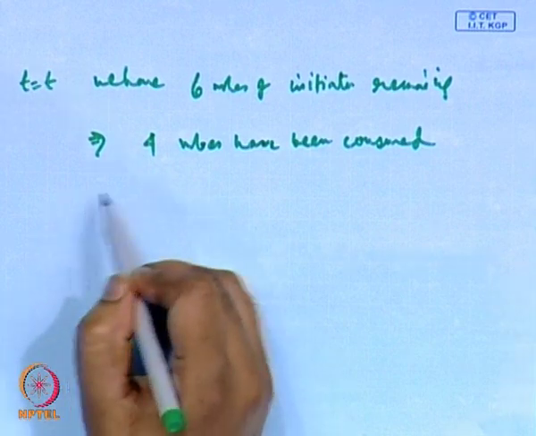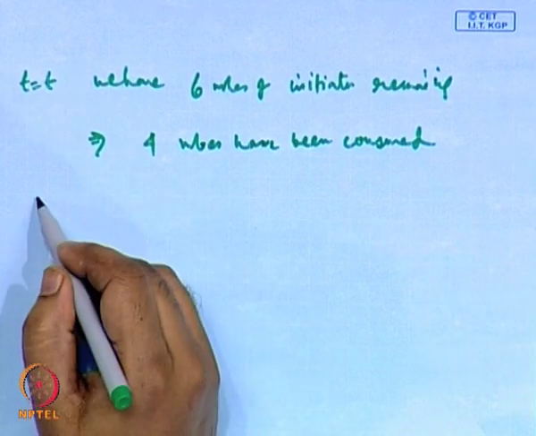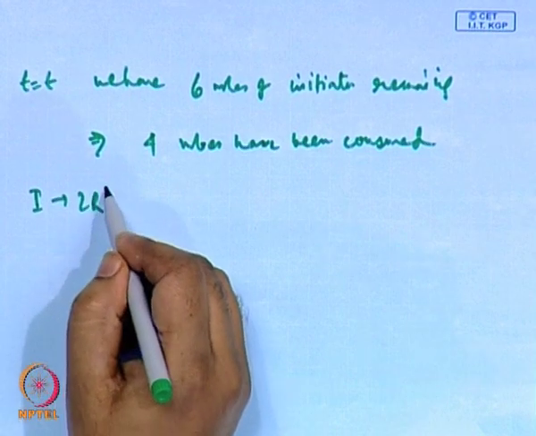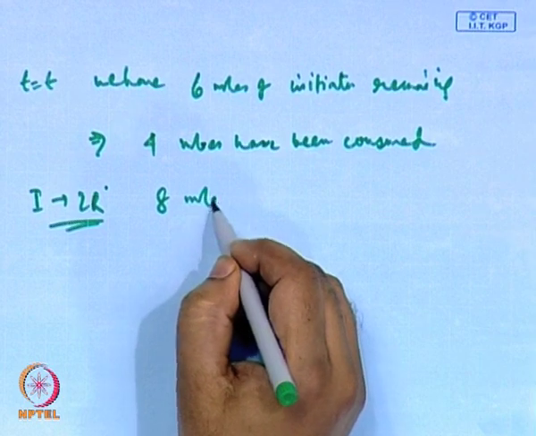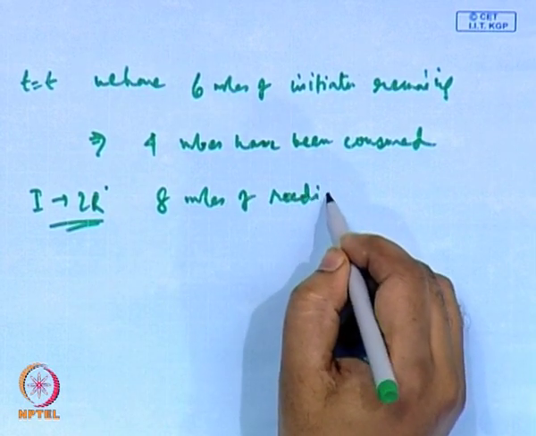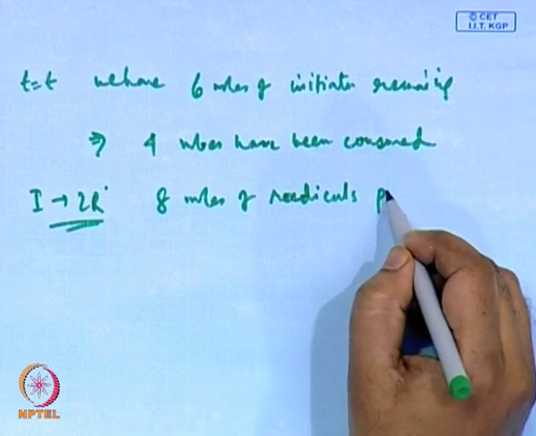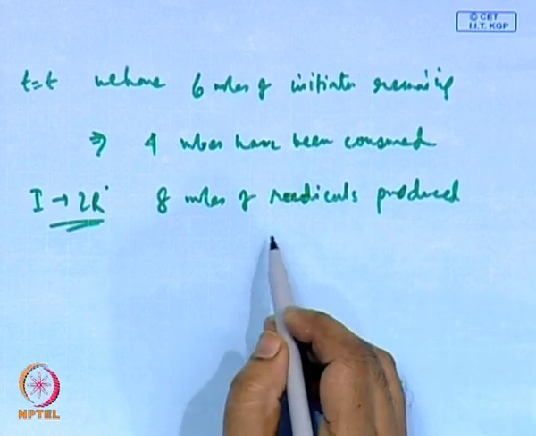Each initiator molecule produces, if you consider a thermally initiated polymerization, each I produces 2 R dot. So, there are 8 moles of radicals produced during this time frame, during the polymerization reaction.